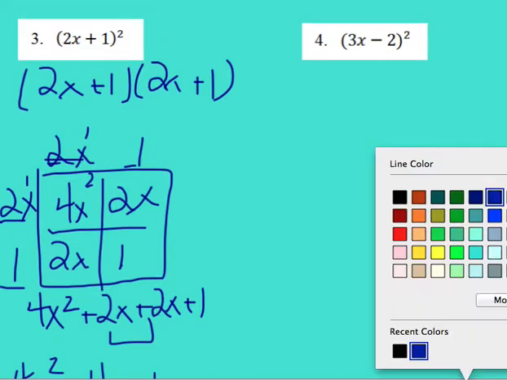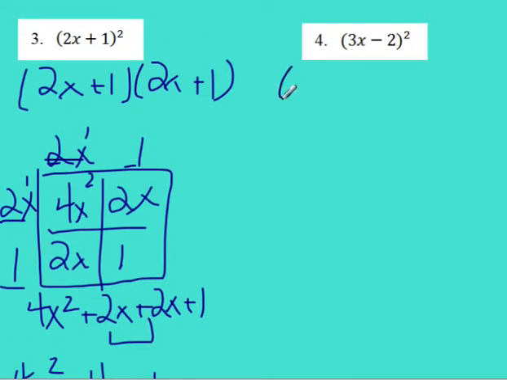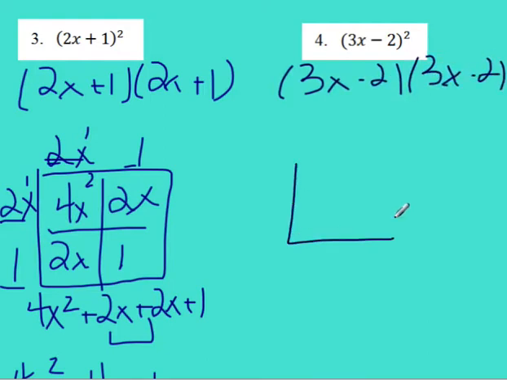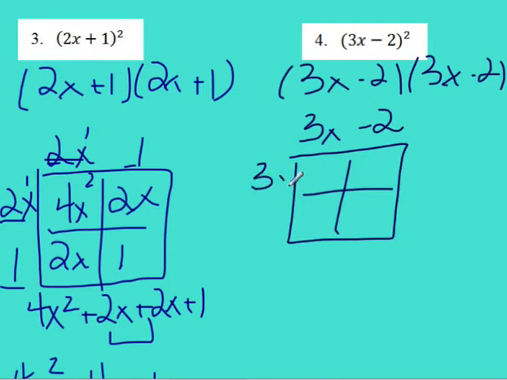Next, taking a look at number 4. We have 3x minus 2 times 3x minus 2 again, so we're going to set up that box. 3x and negative 2, 3x and negative 2. 3 times 3 is 9. x to the first times x to the first is x squared. 3 times negative 2 is negative 6, and we keep the x.